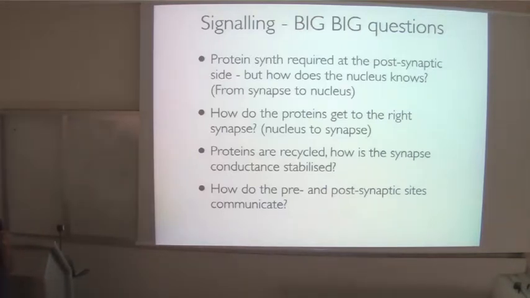But again, this tagging is a very unclear thing, because it's not like you have a complete set of markers, where each synapse has a name with a tag, like a barcode in the supermarket. It's not clear how this can be so specific to one synapse and not to another one.